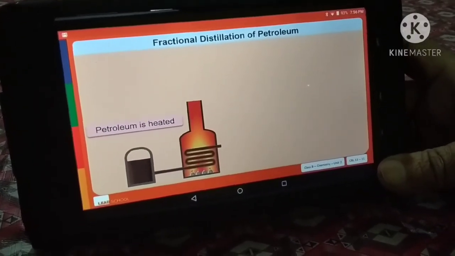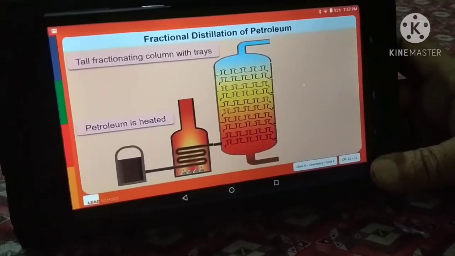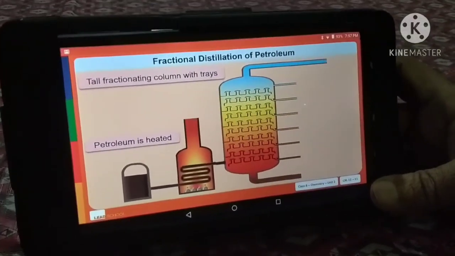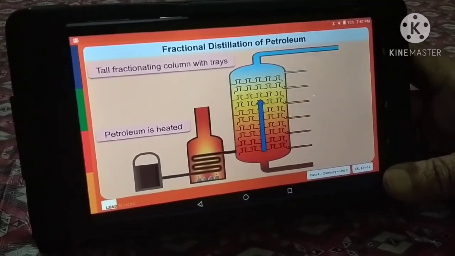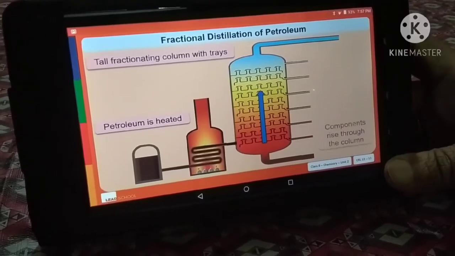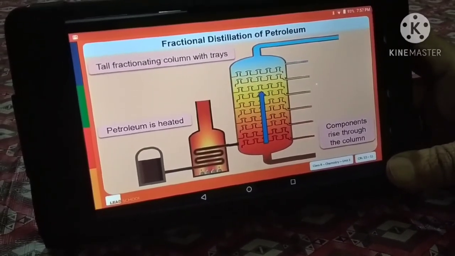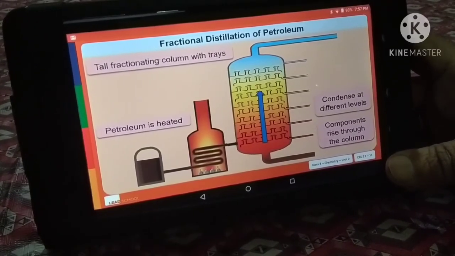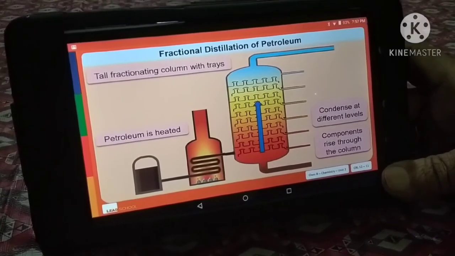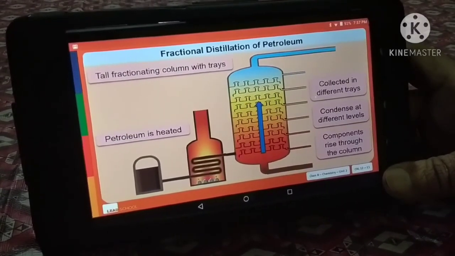For this, a tall fractionating column with trays is used. The column is hot at the bottom and cool at the top. Different components of petroleum boil at different temperatures and condense at different levels due to differences in temperature along the fractionating column. They are then collected in separate trays.